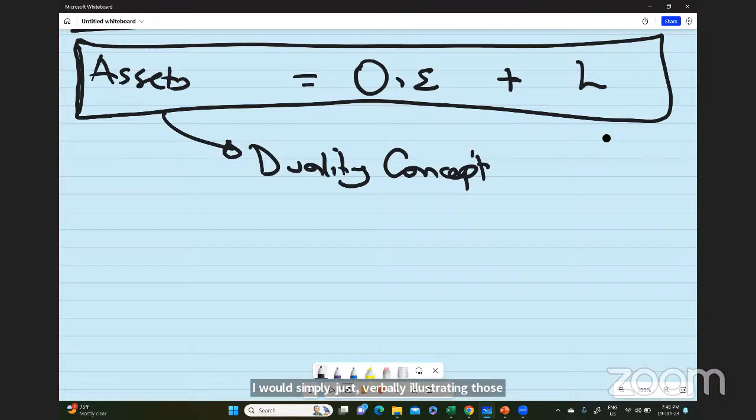So this equation here that you see is what gives birth to what we call double entry. And this equation here is built on a concept called duality.